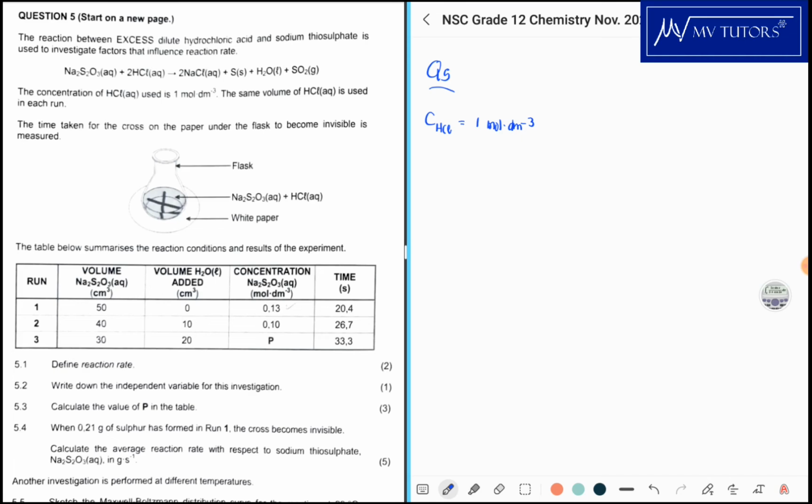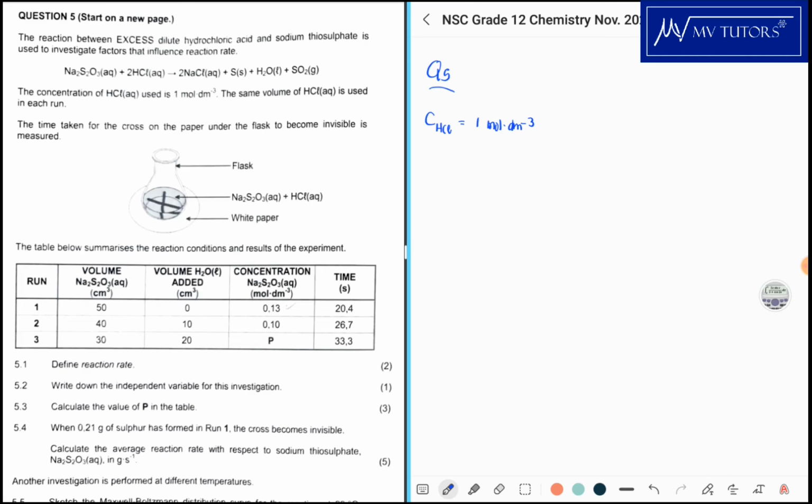I say that because we keep adding water, so that dilutes the entire thing, and the concentration decreases. So run 1, with your original concentration, is 0.13. Run 2, it's 0.1. So it keeps reducing as you add more water, right? It's becoming diluted.